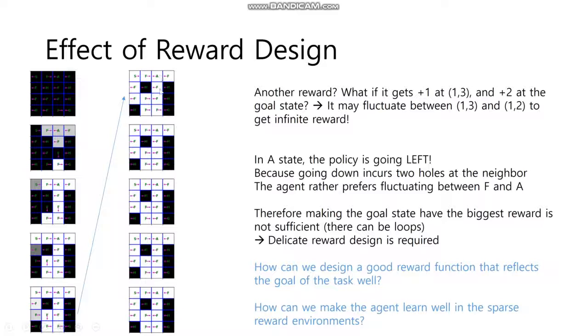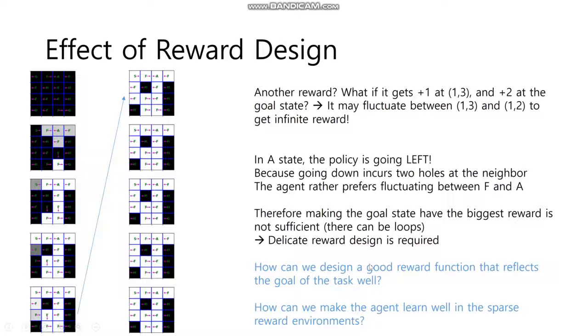Because going down incurs 2 holes at the neighbor, so it won't go down. The agent rather prefers fluctuating between F and A. Therefore, making the goal state have the biggest reward is not sufficient. There can be loops like this. So delicate reward design is required.